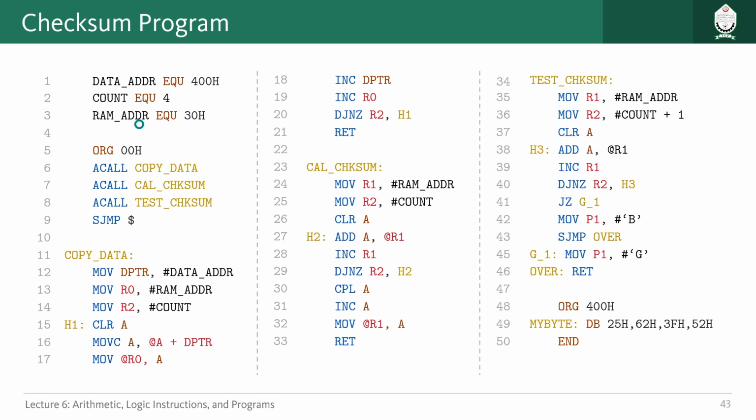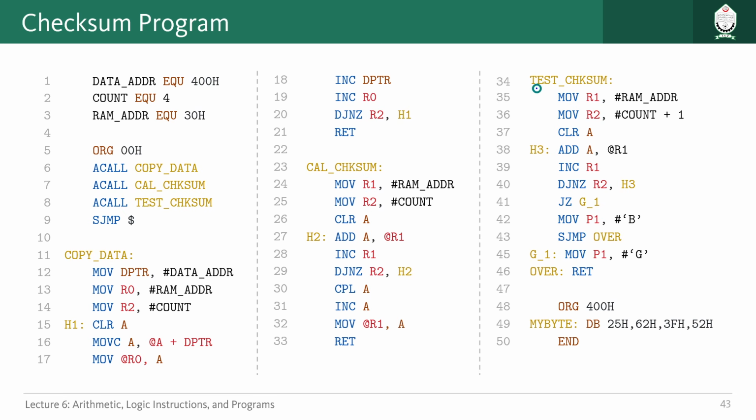And this is a modular implementation of the code. So that's why you see we have three different subroutines. First of all, copy data, to copy this data from ROM location to the RAM. Then the next one, cal checksum, is for calculating the checksum byte from these 4 bytes of data.